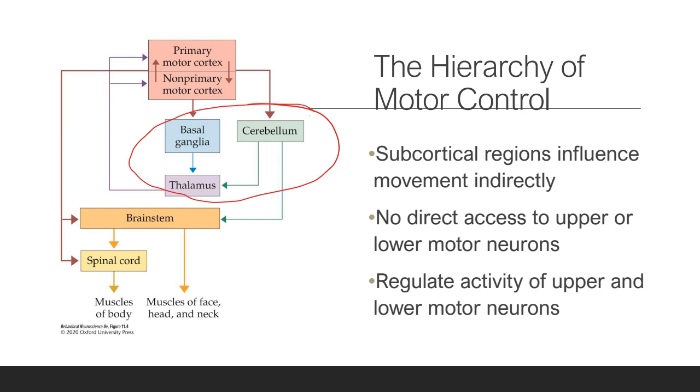So they influence movement indirectly by regulating the activity of upper and lower motor neurons. They have a regulatory role through indirect routes, which we'll talk more about in class.